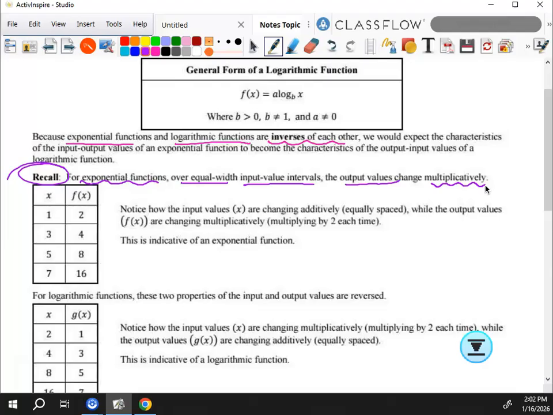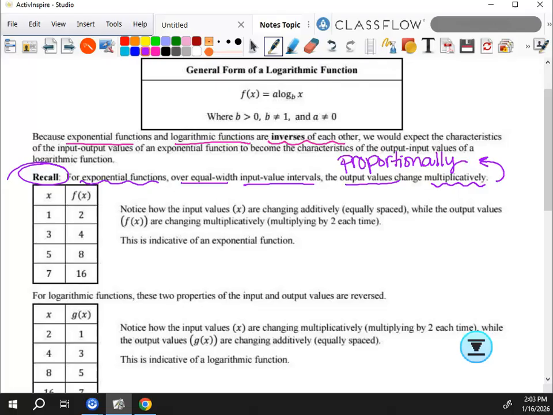Multiplicatively is just a really fancy way to say something's being multiplied. Another way to say it is changing proportionally, which is about the same length, but doesn't sound as complicated as multiplicatively.